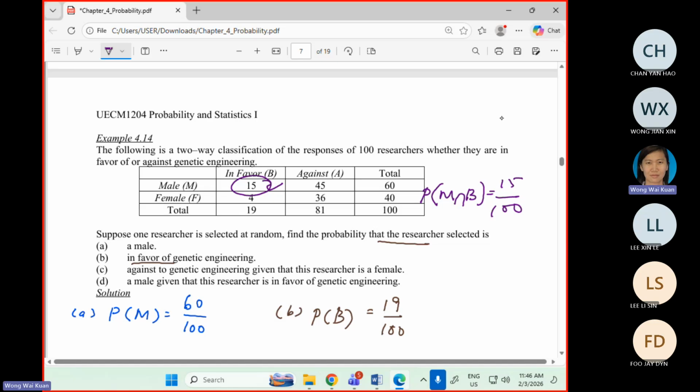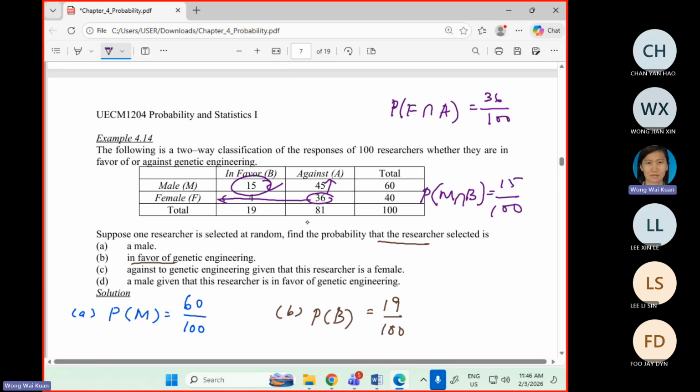Okay? Then what about 36 over 100? Female and against. So that is the intersection. So remember, why is it an intersection? This person selected must be female and at the same time against, right?